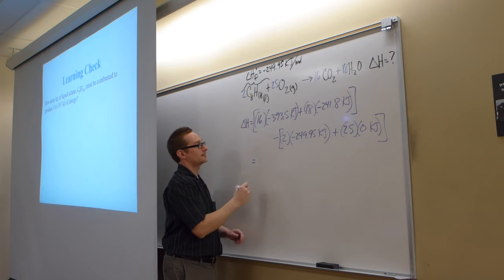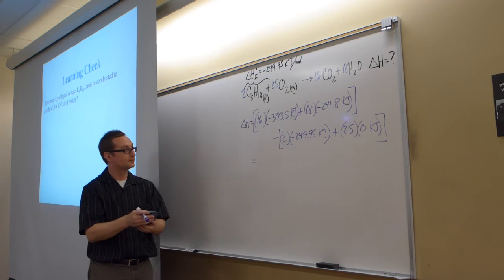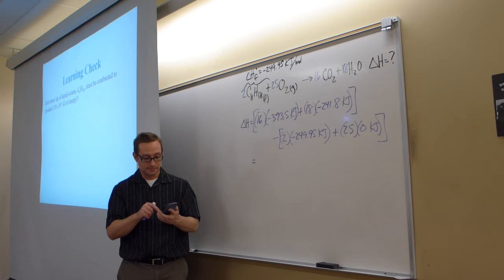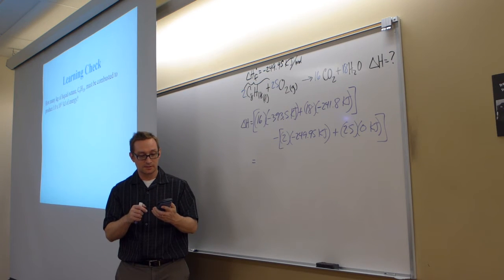So for that whole thing, we get 16 times negative 393.5 plus 18 times negative 241.8 for water.